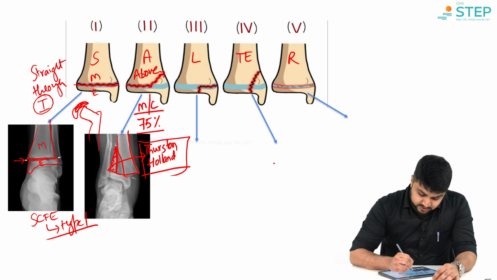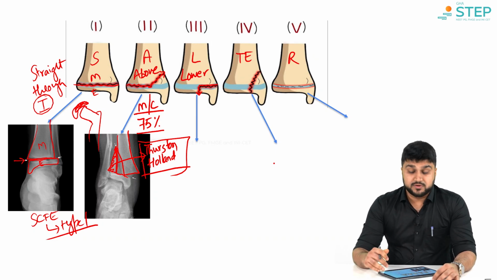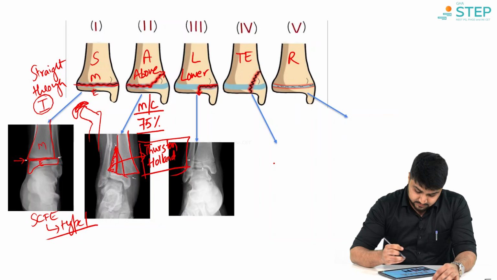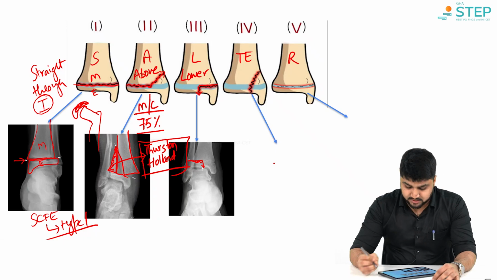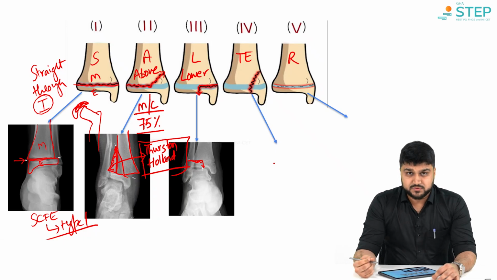Type 3 is where the fracture line starts at the physis and exits lower into the epiphysis. Here you can see the fracture line starts at the physeal plate and is exiting into the epiphyseal region. The epiphysis is part of the articular side of the bone.